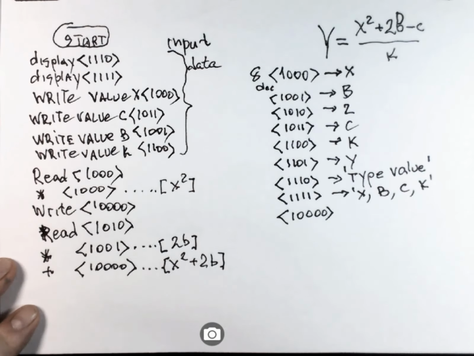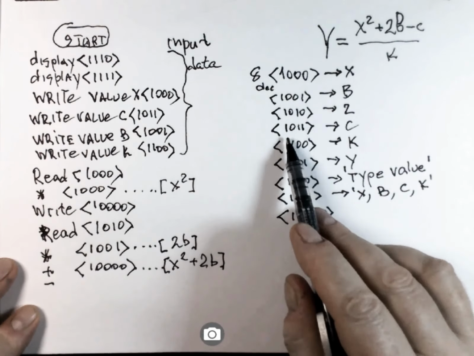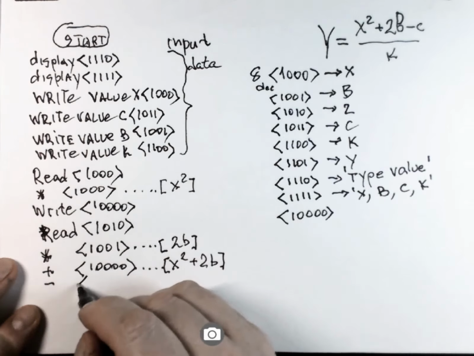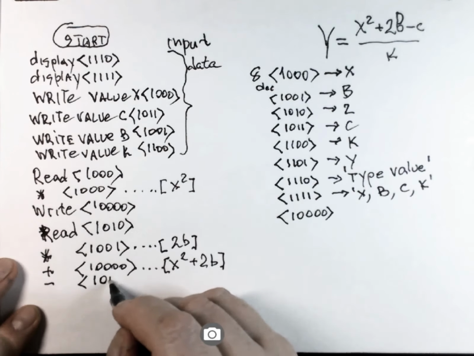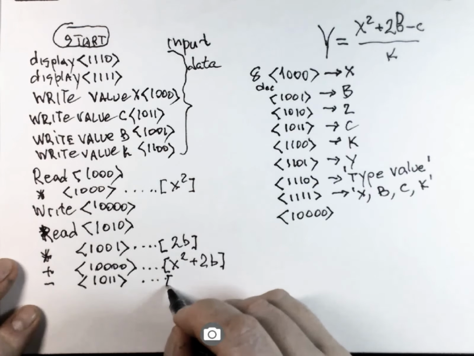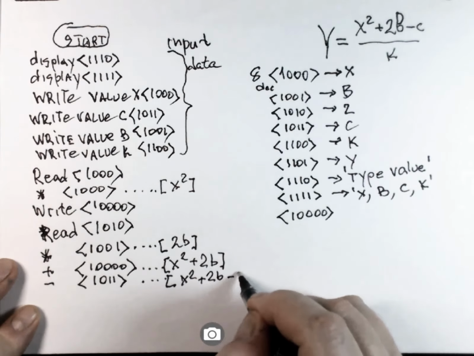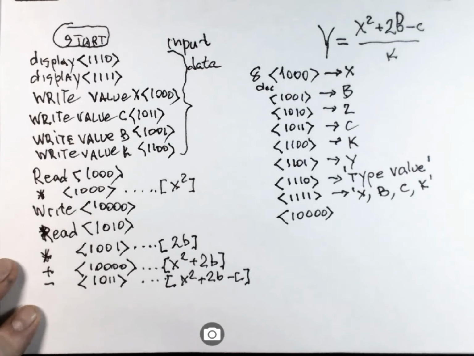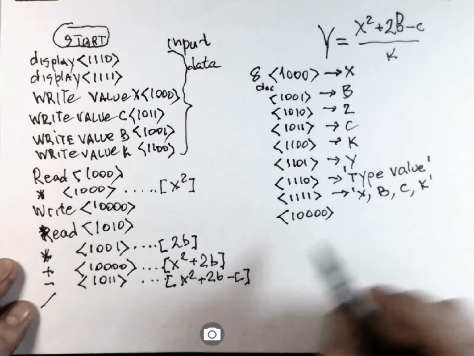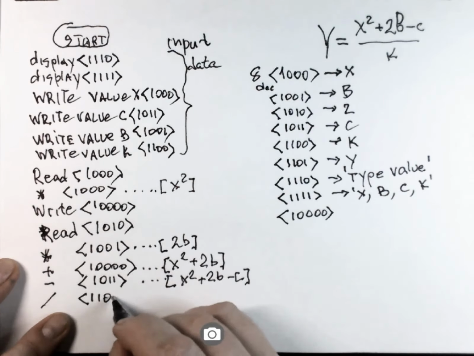What else do we need to do? We need to subtract C. Minus, what is C? C is 1011, minus 1011, which is the cell for C. In this case we have a comment: X squared plus 2b minus C is in the microprocessor. Then we need to divide by K, but K is in cell 1100.